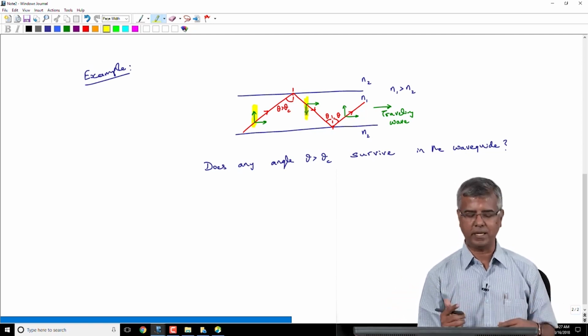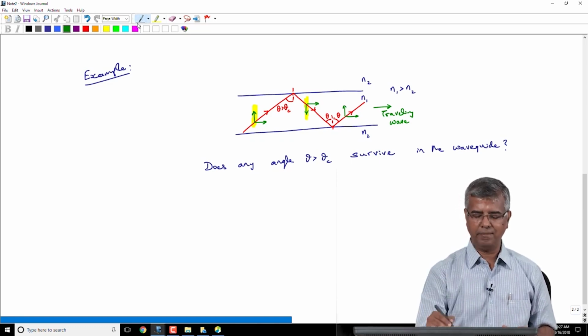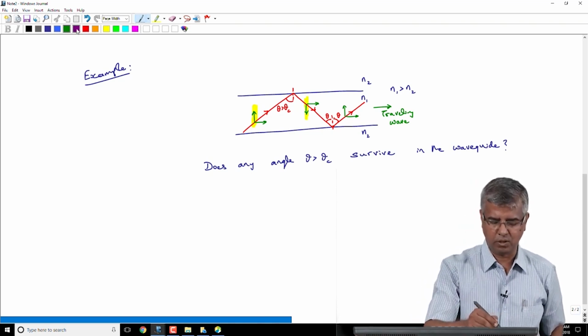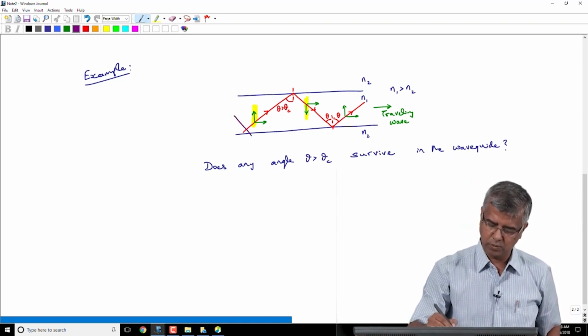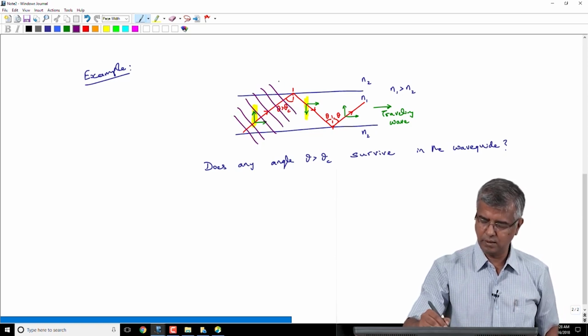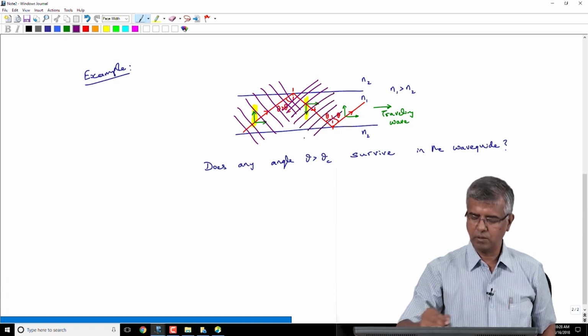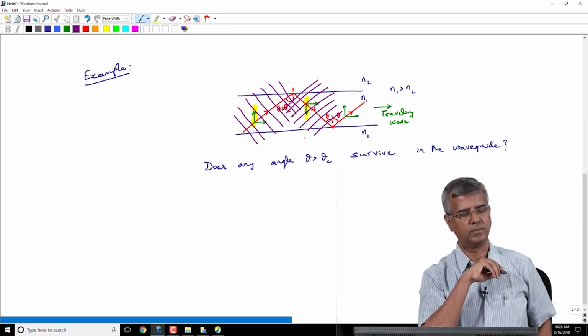So, what does that mean? That essentially means that we are having these wave fronts. If I were to draw these wave fronts, we have these wave fronts like this, and these wave fronts after the bounce go like this, right.